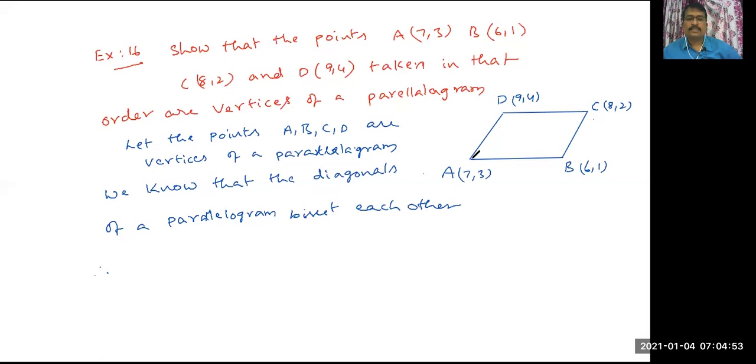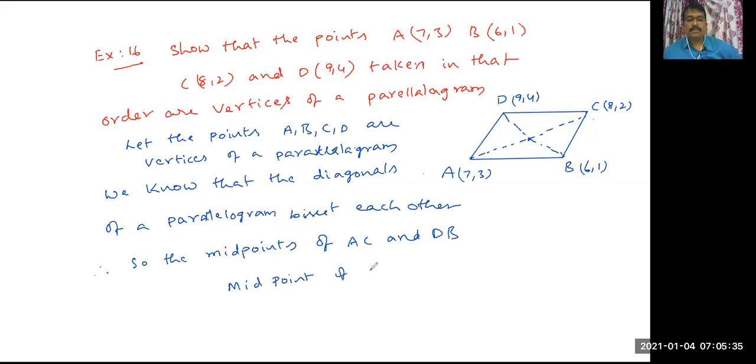We also have to draw diagrams, so we will draw the diagrams this way. Therefore, the midpoints of AC and DB are equal. We already have the formula for the midpoint of the line joining (x1, y1) and (x2, y2).